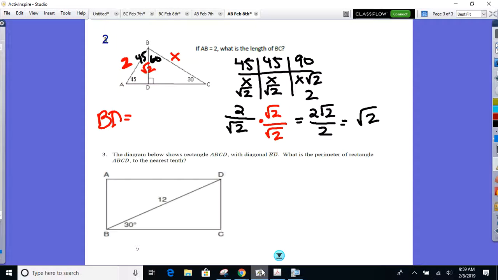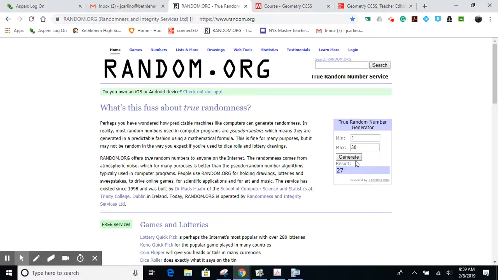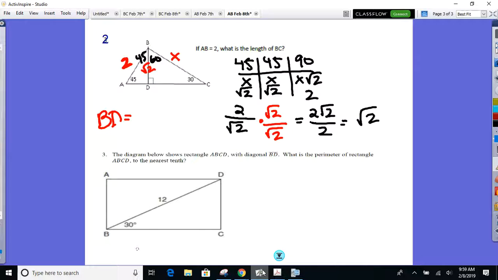The radical 2 is now across from what angle in the 30-60-90? 30. So what is my rule to go from the side across from 30 to the side across from 90? What should I do with that radical 2? Okay, radical 2 times 2. Can I do anything there? Nope. 2 radical 2.